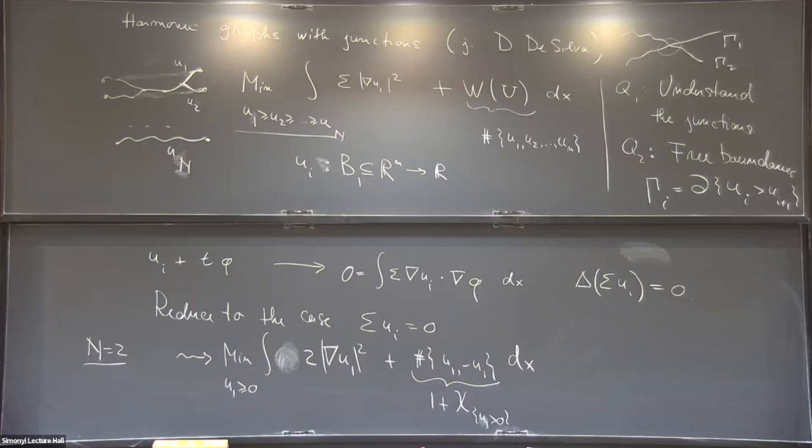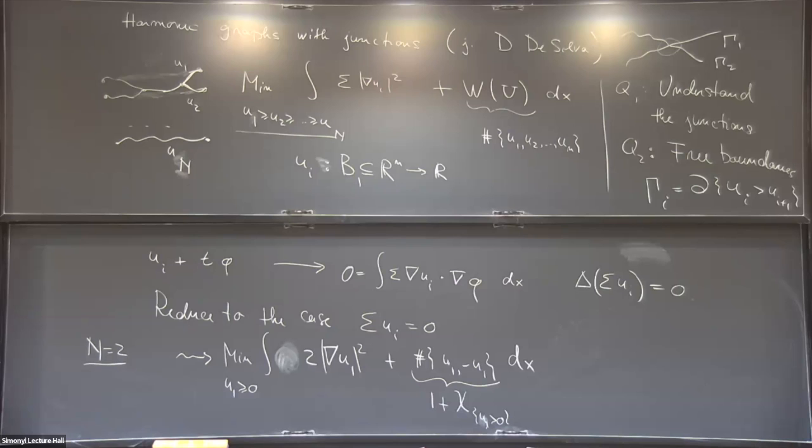dx, where u is bigger than or equal to 0. Graphically, you can think of it as a situation in which you give me a function u that is, let's say, 0 here and maybe positive here. This is the boundary data.